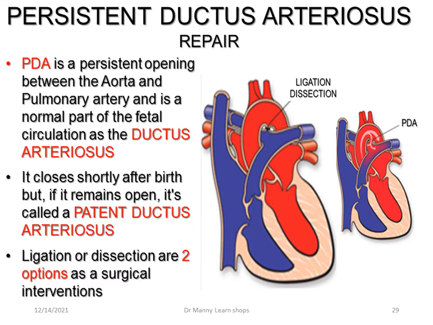But if it remains open, it's called patent or persistent ductus arteriosus, PDA. Now, treatment is typically ligation, which is open chest surgery, or dissection, which is open chest surgery as well. They are two options as surgical interventions. There are other interventions.